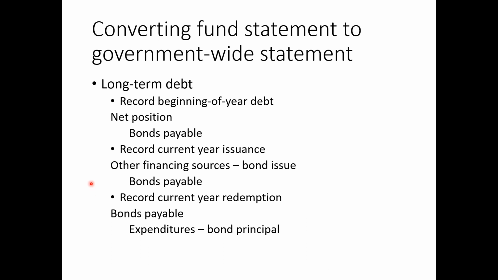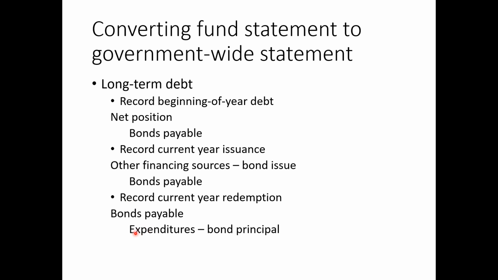For the same reason, we're going to adjust for long-term debt. First, the beginning of the year long-term debt will be added, and net position will be reduced because of that. And then we're going to adjust the current year debt issuance. We're going to reduce the other financing source, then credit bonds payable. Also, we're going to record the current year redemptions.